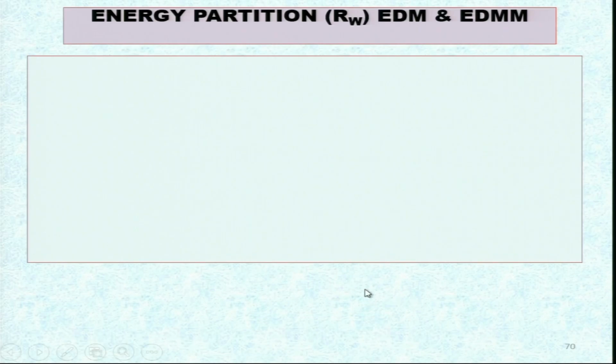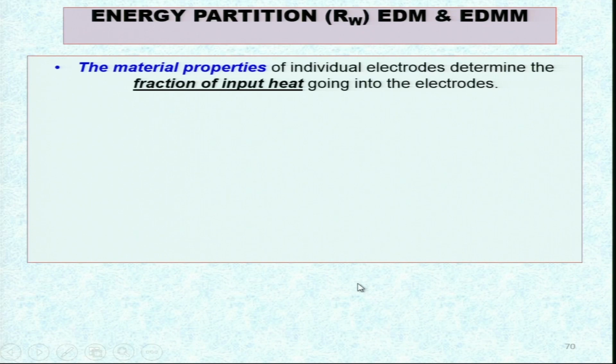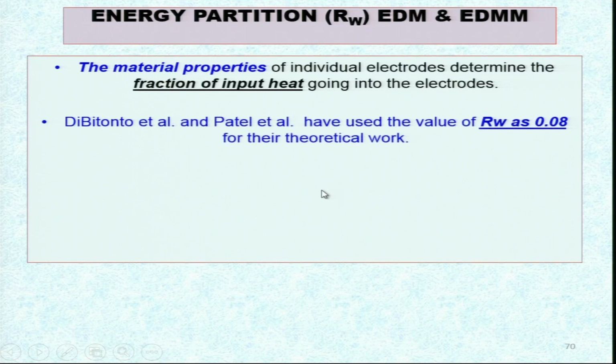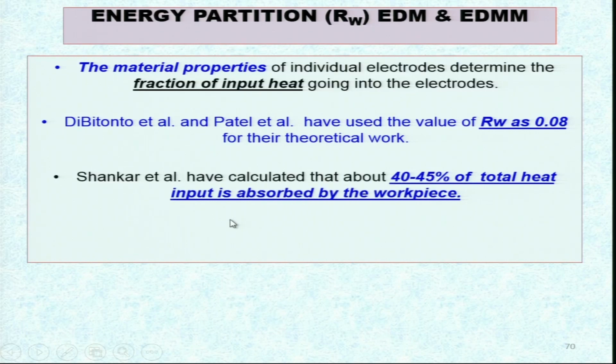Energy partition in EDM and EDMM: the material properties of individual electrodes determine the fraction of input heat going into the electrodes. DiVincenzo et al. and Patel et al. have used the value of Rw as 0.08, which is quite minimal, very small, for their theoretical work. But Shankar et al. have calculated that about 40 to 50% of total heat input is absorbed by the workpiece, which is substantial.